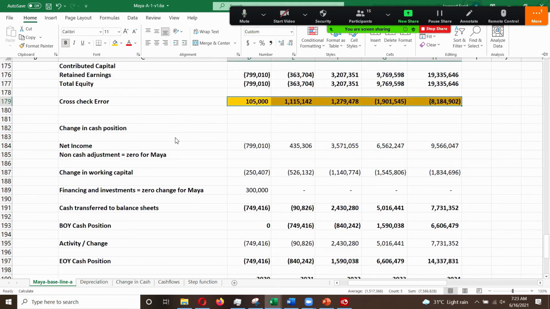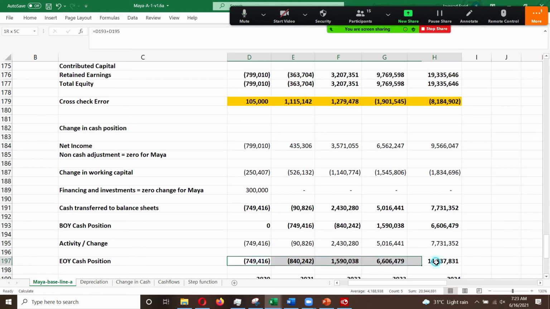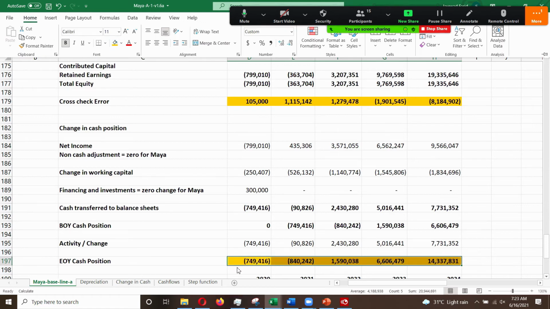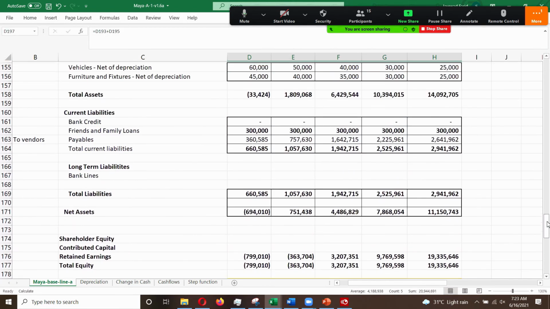Let's focus on this value, and let's focus on this value. So I'm going to plug this end of year cash position back into the balance sheet. I'm going to update the balance sheet calculation.